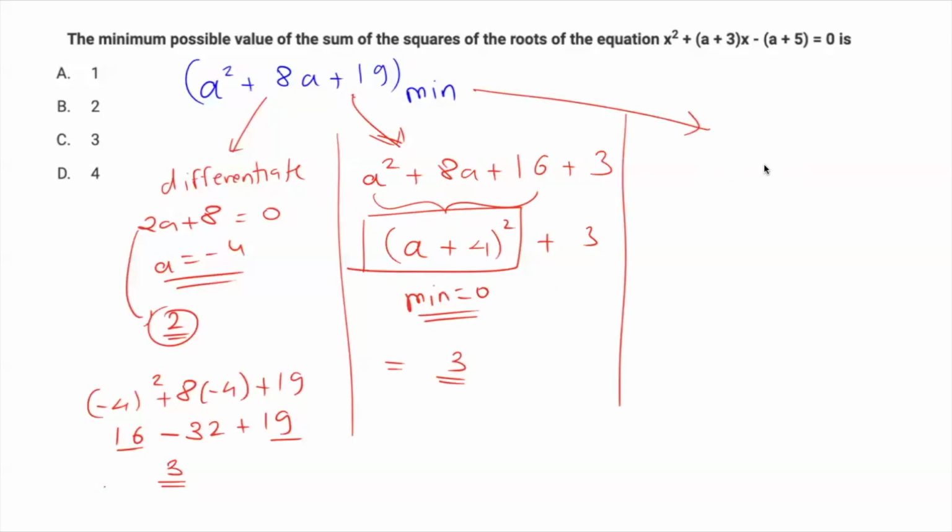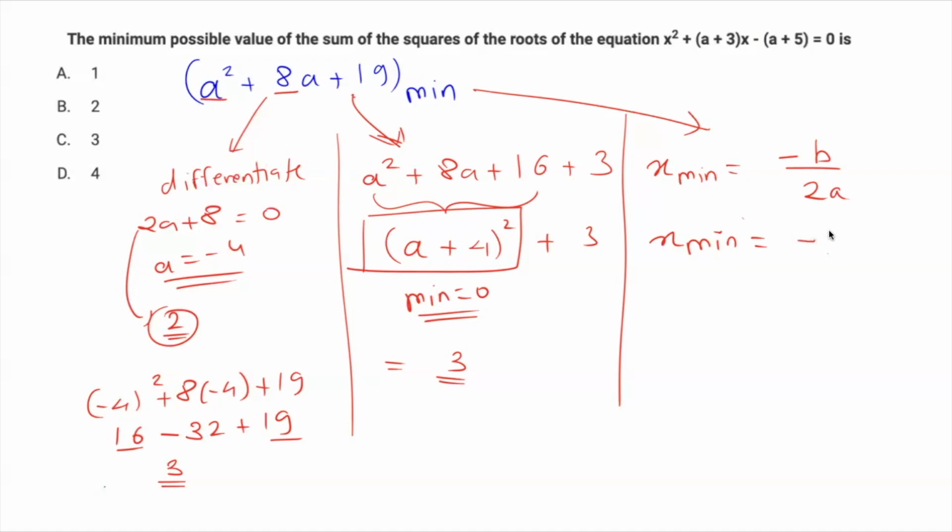The other way is we have also studied how to find out the maximum or minimum of a quadratic. For any quadratic equation, the minimum or the maximum value occurs when x is minus b by 2a. So the minimum value of this quadratic equation will be at that value of x, which is equal to minus the coefficient of a upon twice the coefficient of a square in this case.